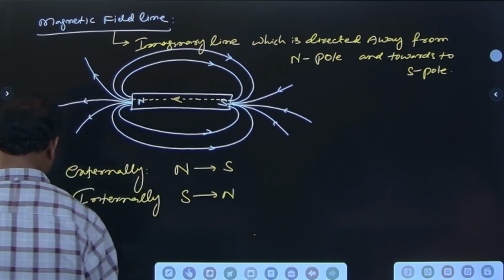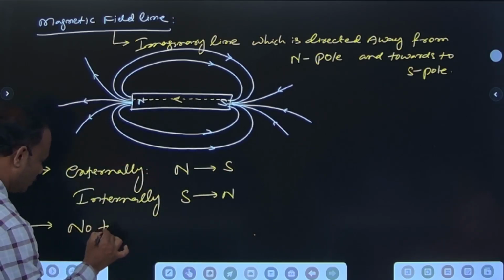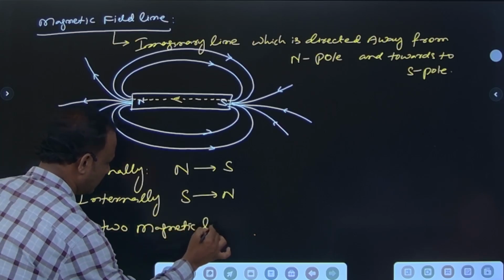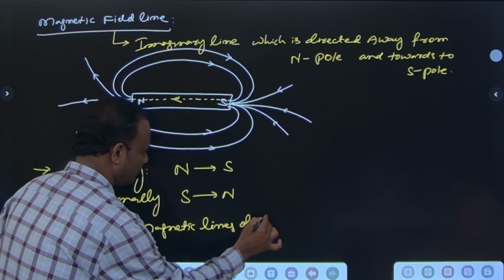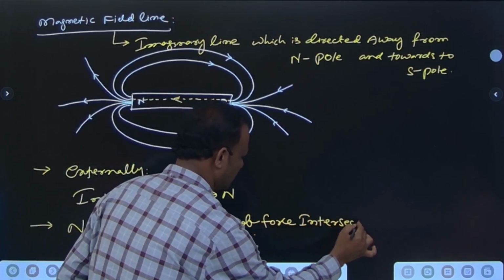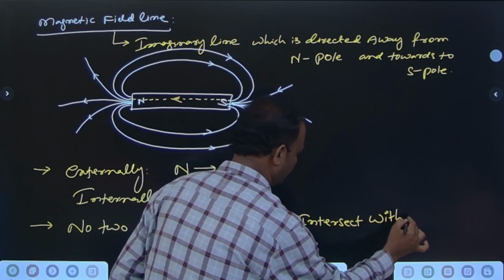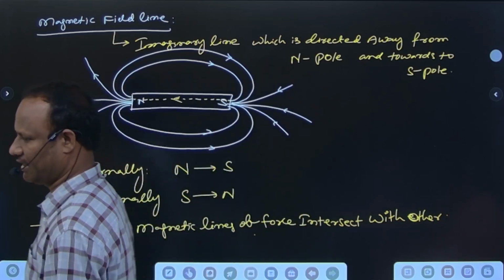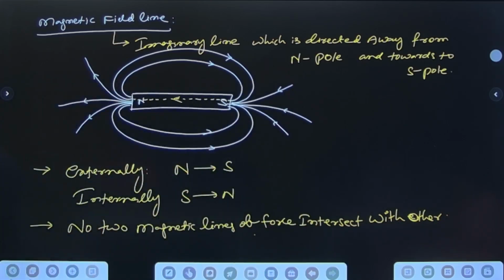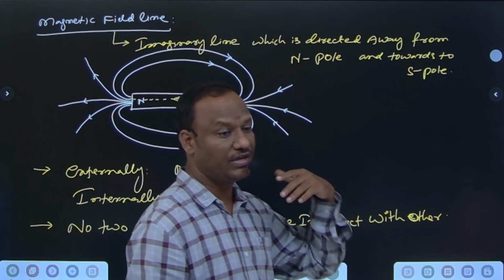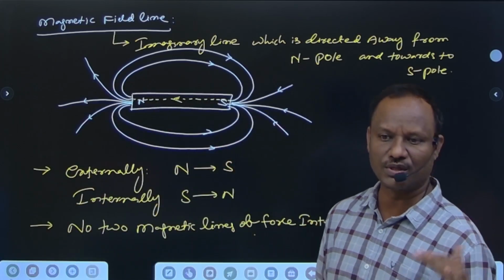So no two magnetic lines of force intersect with each other. This is about magnetic field lines, which are the magnetic lines of force. The definition is: imaginary lines which pass away from the north pole and towards the south pole.